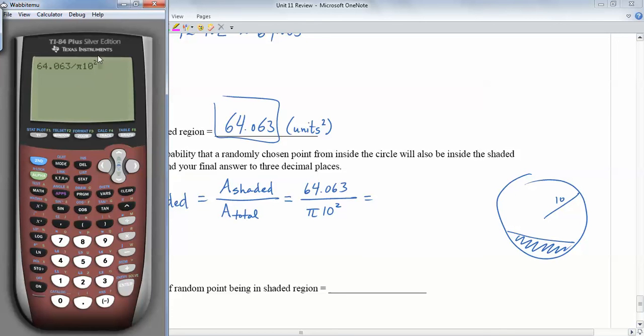If you think about pi 10 squared, that ends up being about 300. So 64 divided by 300 should be a pretty small number. But if you type this in, you end up with a huge number, and that doesn't make sense for a probability. The reason is that if you don't use parentheses for the pi 10 squared, it's taking 64 divided by pi, getting an answer for that, and then multiplying the whole thing by 100.